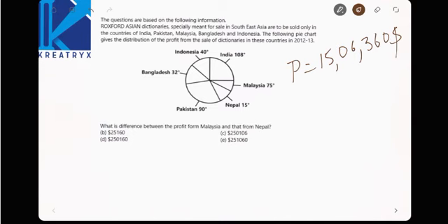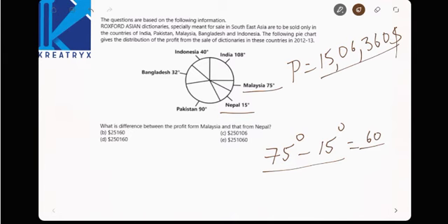Now see the first question. What is the difference between the profit of Malaysia and that from Nepal? Now how will you calculate? See there, Malaysia is 75 degrees and Nepal is 15 degrees. So your answer must be the difference of Malaysia and Nepal. Am I right? That is nothing but 60 degrees. Now total 360 degrees is 15,06,360 dollars. Now what is the value of 60 degrees?